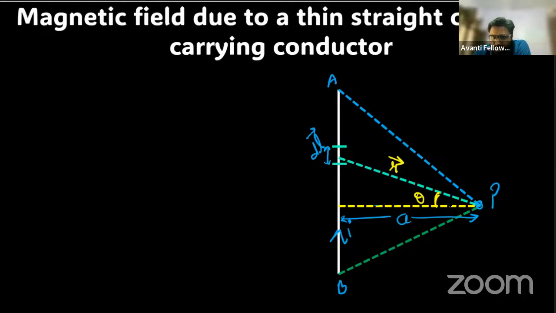The upper limit, because this line can extend up to point A, it cannot go beyond that. So the upper limit is phi 1 and the lower limit is phi 2. Got it? And these limits are the limits of this point P. The point P can align itself maximum to phi 1 and maximum to phi 2 in the lower direction.